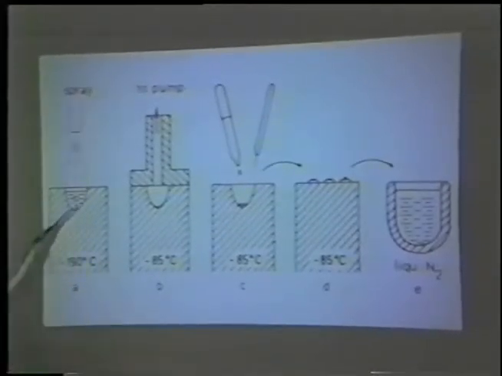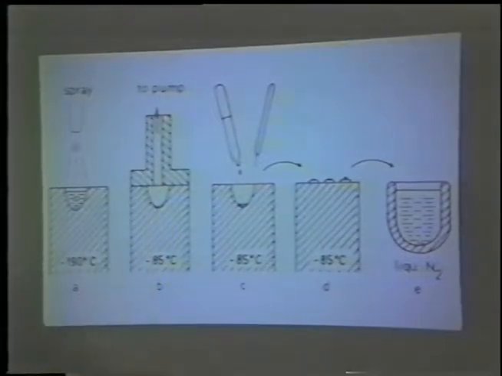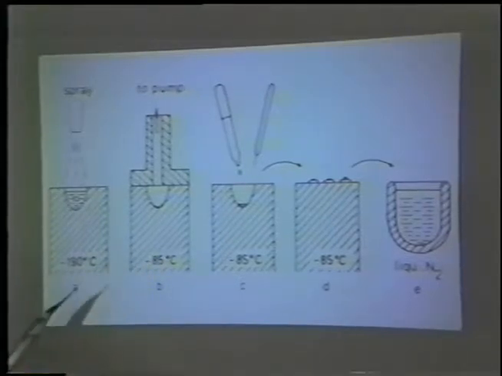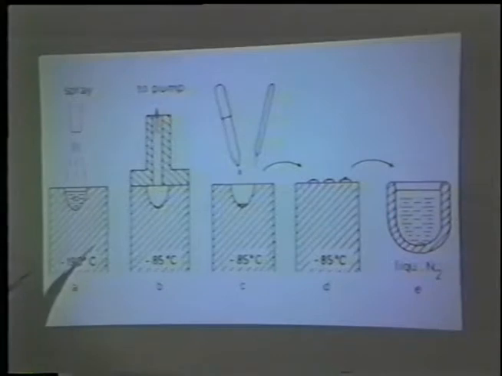Spray the sample into the propane, and you end up with lots of tiny droplets. You end up with dust suspended in the propane. You then use a pump to draw off the propane at low temperature. You warm it to about minus 85, and this is a device sold commercially by the Balzers Corporation. It has one holder in which you spray.